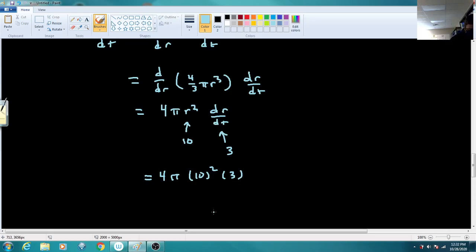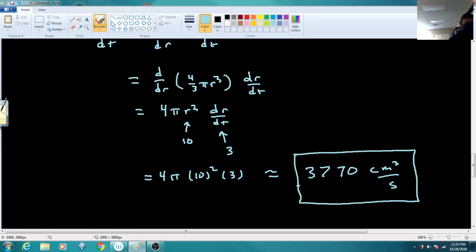So 4 times pi times 100, times 3, ends up being about equal to 3770. This would be cubic centimeters per, was it minute or second? Second. Cubic centimeters per second. So that should be about the rate that the volume changes in this situation.